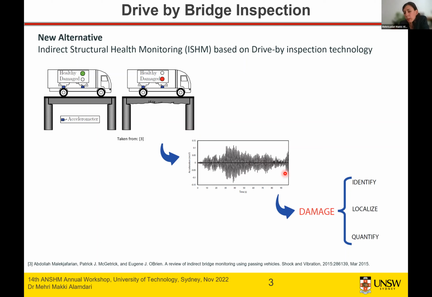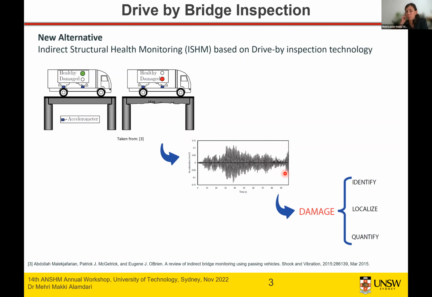If we move in this direction, then we try to answer mostly the first two levels of the structural health monitoring questions. The first level is whether there is any damage in the structure of the bridge, and second, localization of damage.